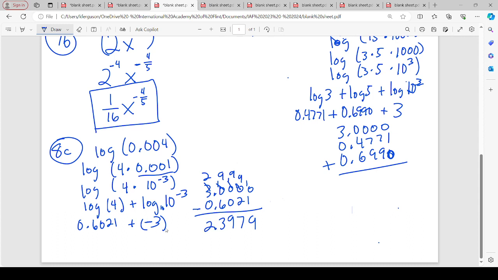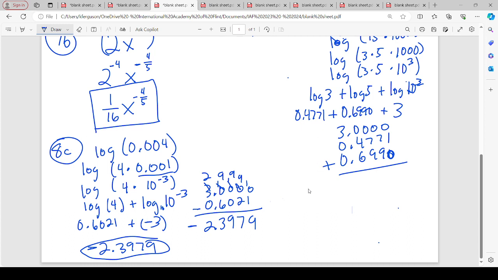But my 3 was negative, so my answer is negative 2.3979. Like I said, that's where it's tricky. Because that's a negative exponent, that's a negative number, and that's a positive number. When I combine them, it's a subtraction problem. So I wanted to make sure I did that again. So that's 8C.